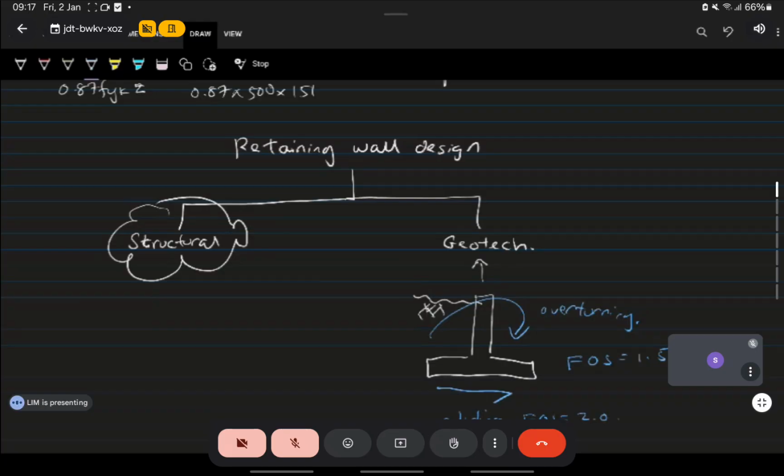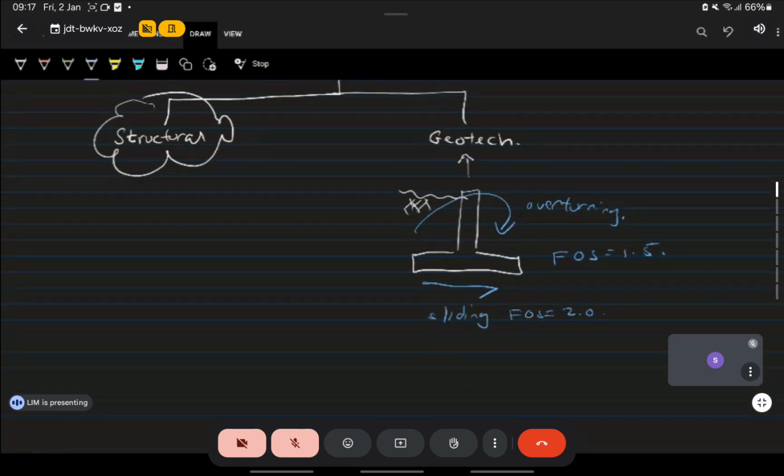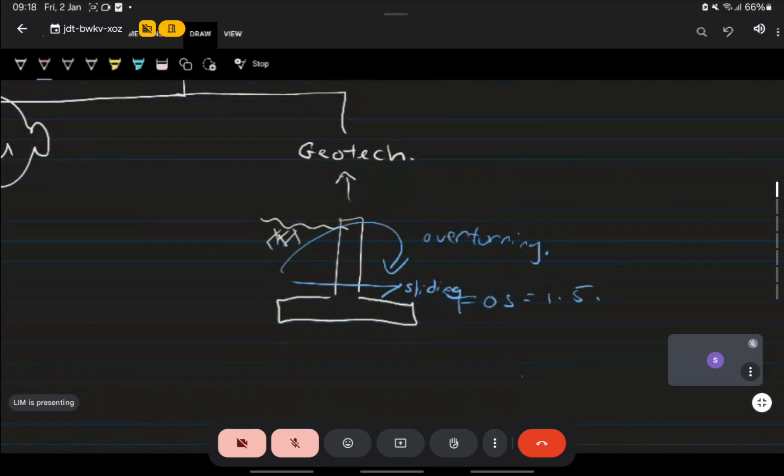And there's another check you have to do. The ground bearing pressure, right? Yeah. Wait, let me draw my sliding up here so that it doesn't confuse. Okay, so overturning and sliding. But there's also one more check that you have to do.